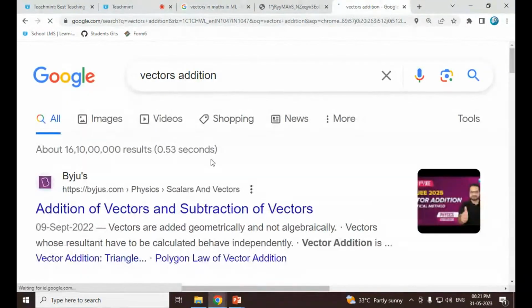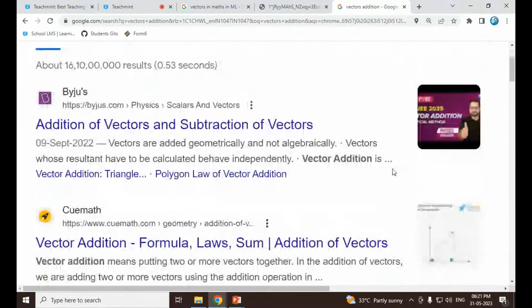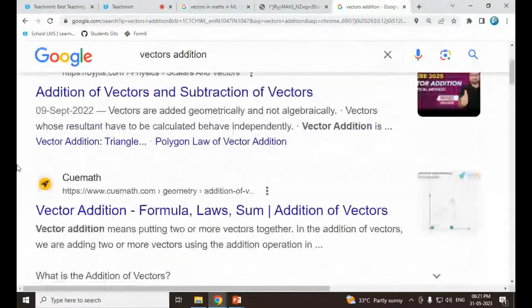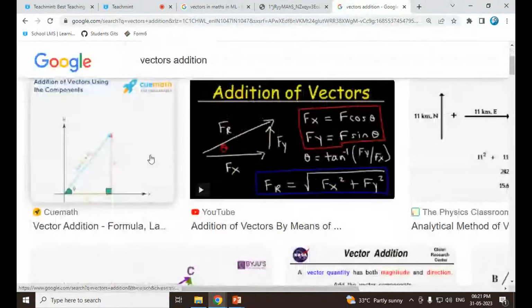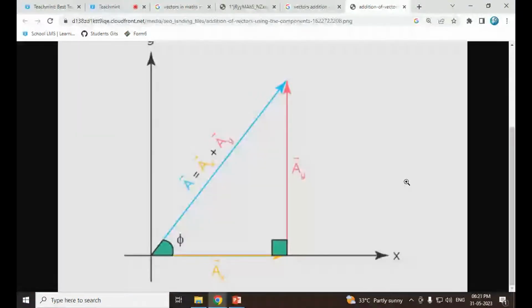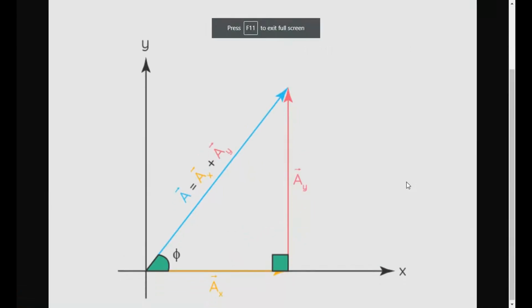Have you learned vector addition and multiplication in physics? Quickly analyze this and let me know what you can observe.